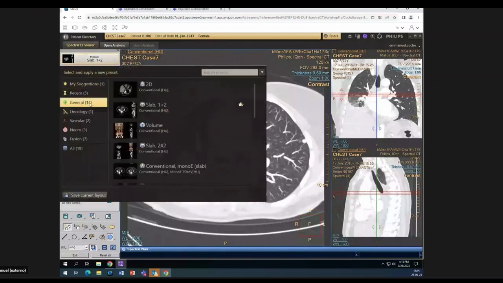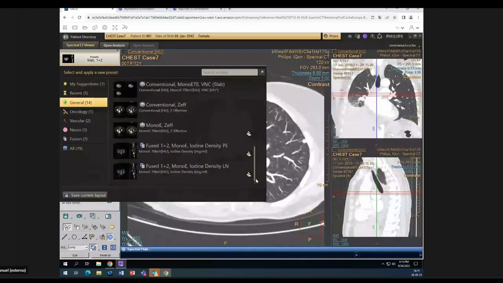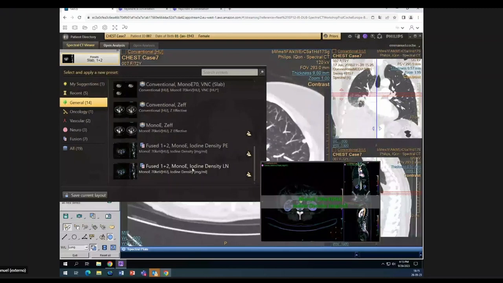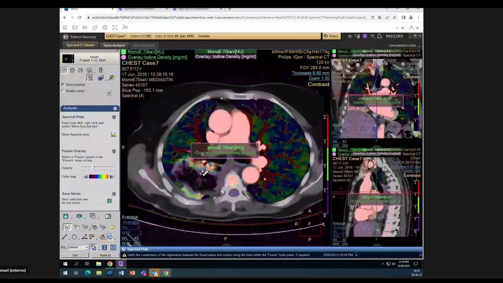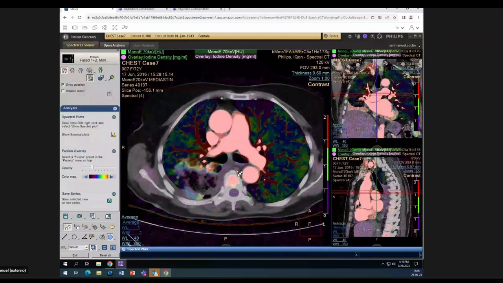You go to general, and you go to the bottom, and you will take the last display, fuse 1+2 mono-E iodine density LN, like lung nodule. You select it by clicking on this box, and we can go to a lung nodule.